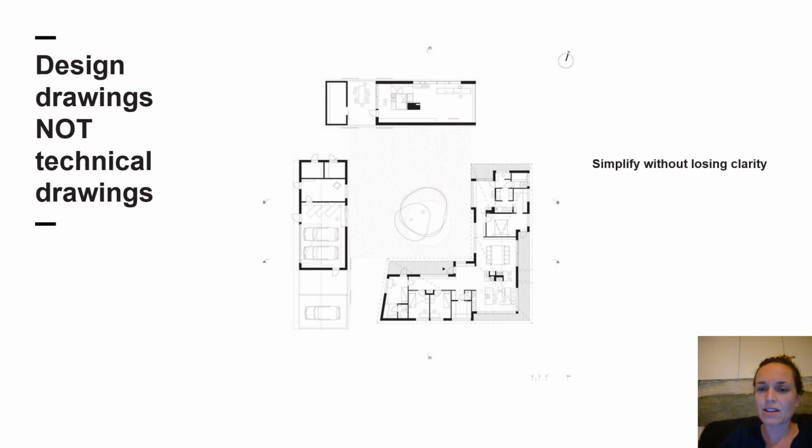We kind of need to think, okay, how do we simplify the drawing without losing clarity? So it still needs to communicate key information about your design proposal, but not the same level of information that you would give to a builder or to a surveyor who's maybe estimating for quantities and for cost.